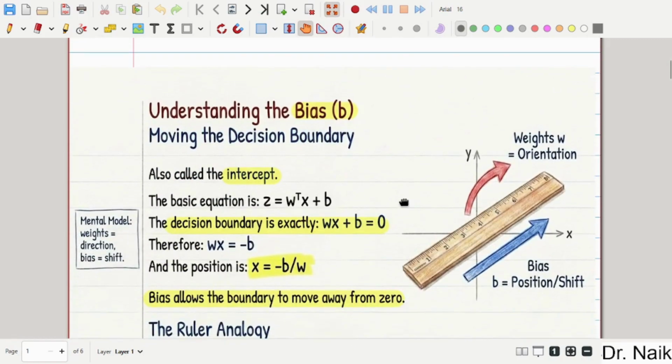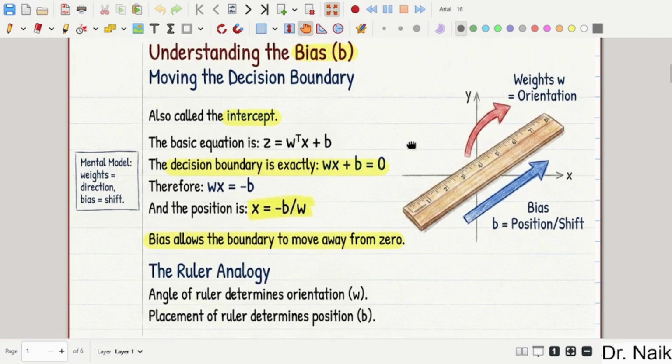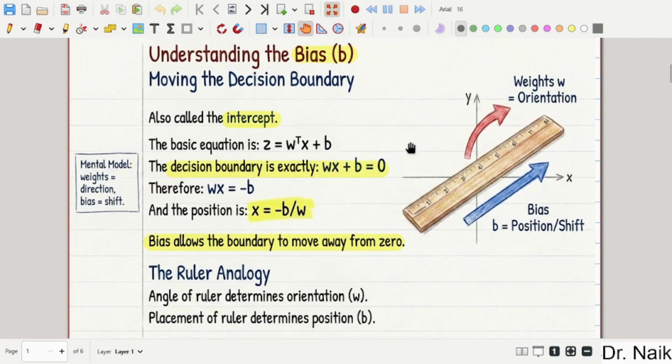Now understand what we mean by the bias. The bias can also be called an intercept, and the basic equation is z is equal to w transpose x plus b, where b means a bias, w means a weight vector, x is a feature vector, and z is called a score. The decision boundary lies exactly at w transpose x plus b is equal to 0.